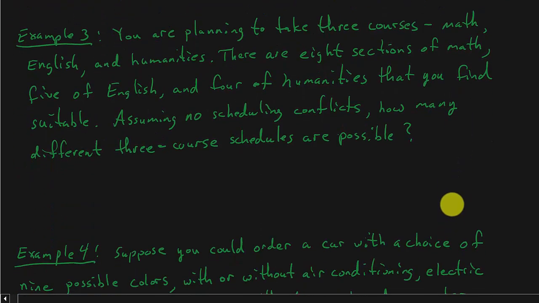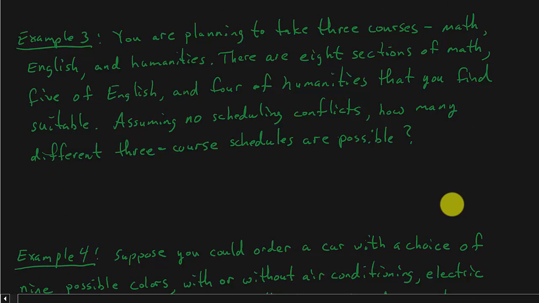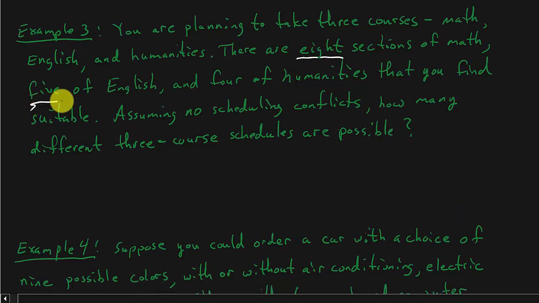So let's look at this. You are planning to take 3 courses: math, English, and humanities. There are 8 sections of math, 5 sections of English, and 4 sections of humanities that you find suitable. Assuming no scheduling conflicts, how many different 3-course schedules are possible? Well, I've got 8 choices for math, 5 choices for English, and 4 choices for humanities.